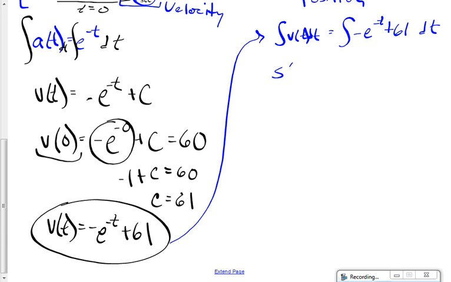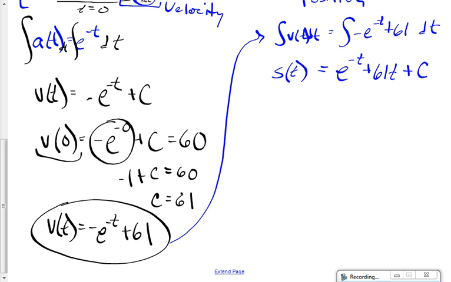That's going to give me s of t plus some constant, but I'll ignore that for now and put it on the other side. Antiderivative of negative e to the negative t: e to the negative t. We get rid of the negative again. Plus, what's the antiderivative of 61? 61t plus a constant of integration.